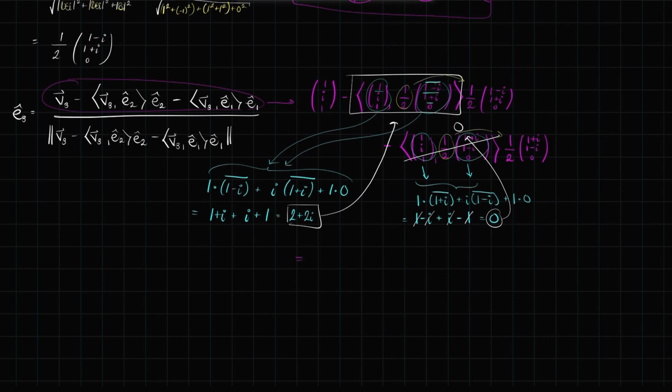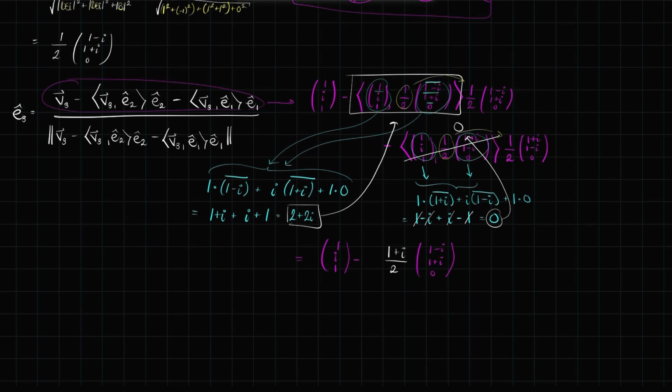That means our numerator is going to be equal to 1, i, 1 minus, there was still a 1/4 from both copies of 1/2, as well as the 2 plus 2i from the inner product itself. We can write that as 2 plus 2i over 4, or we can write this as 1 plus i divided by 2. That's going to multiply the very last term, 1 minus i, 1 plus i, and 0.